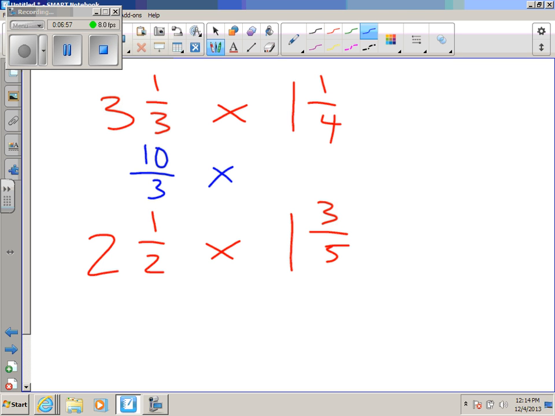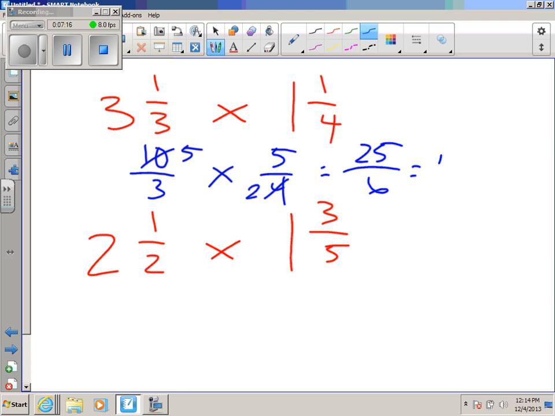And then 1 1/4 converts to 5/4, very good. 10 and 4 are both even. 5 and 2. So 25/6.